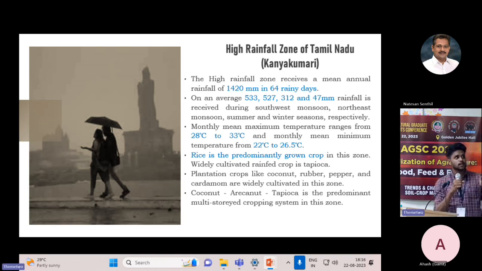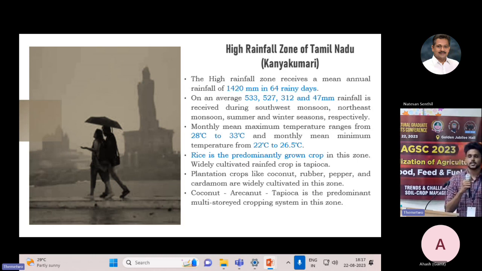Within these 64 days only, the cropping pattern has been decided for that district. Of that, 533 mm and 527 mm, more or less similar rainfall, is received in both the northeast monsoon and southwest monsoon seasons. The mean maximum temperature for this region is 33 degrees Celsius, and the minimum temperature is 22 degrees Celsius.